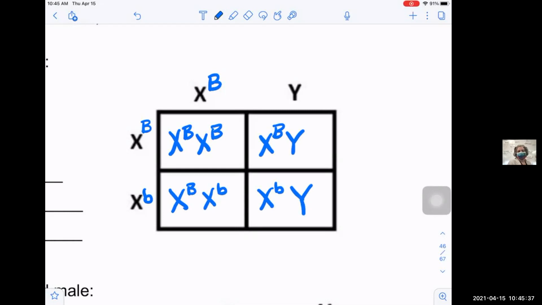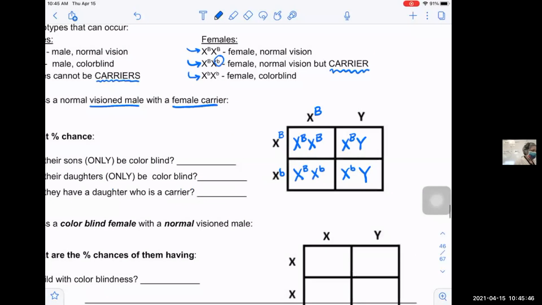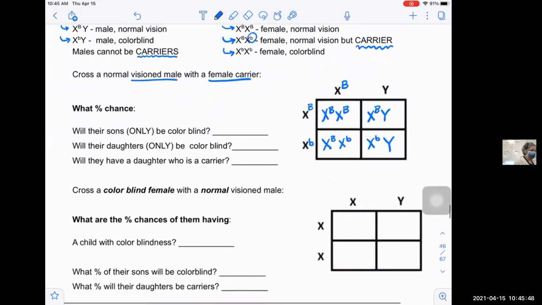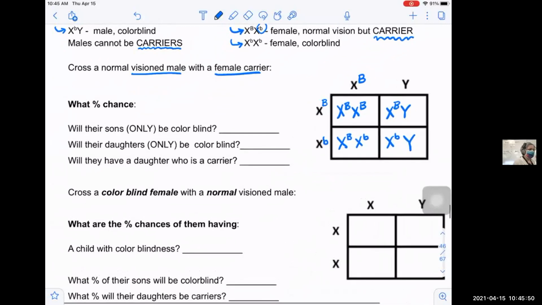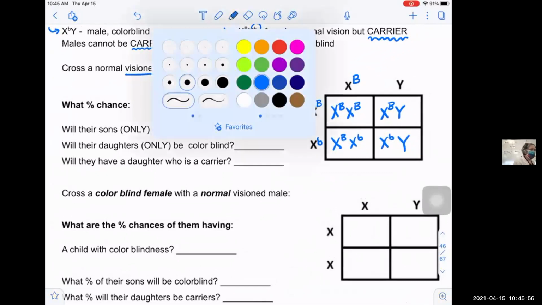All right. So just like any other time we've done Punnett squares, once we have it filled in, we can answer some questions about it. My first question to you is, what is the percent chance that their sons only will be colorblind? What do I mean by sons only?